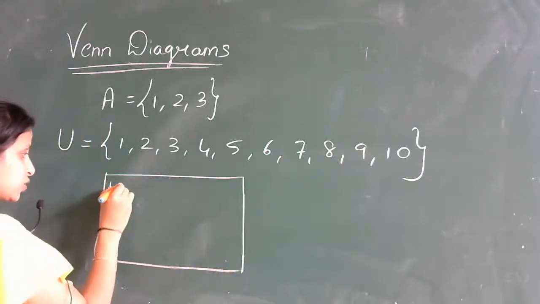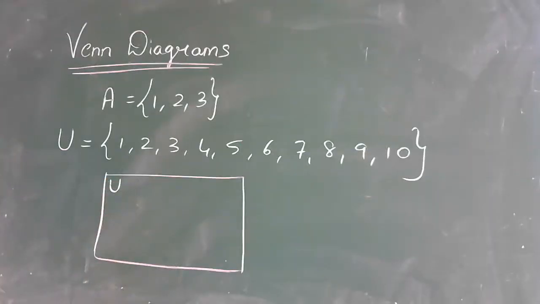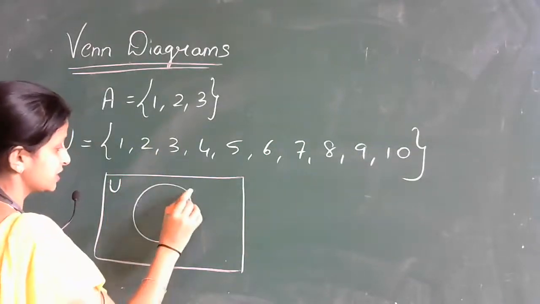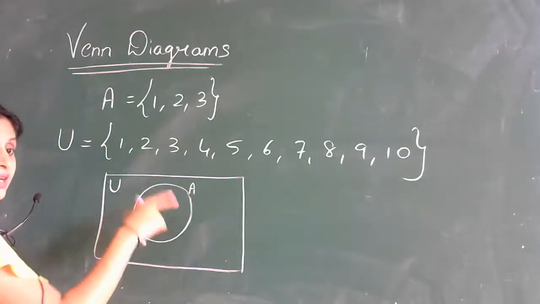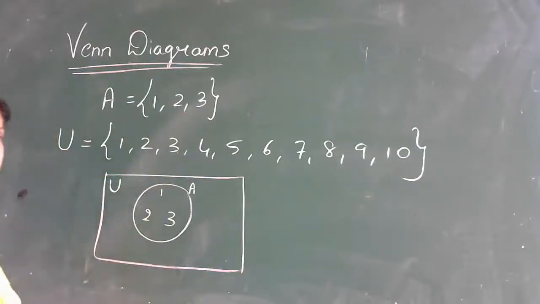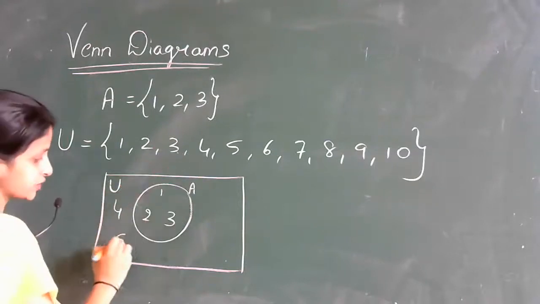So this whole thing will be my universal set. And subsets we will represent by circles. So this is my subset A. So in my set A, we have 3 elements. Let me write this: 1, 2 and 3. And the remaining elements of the universal set we will write outside.